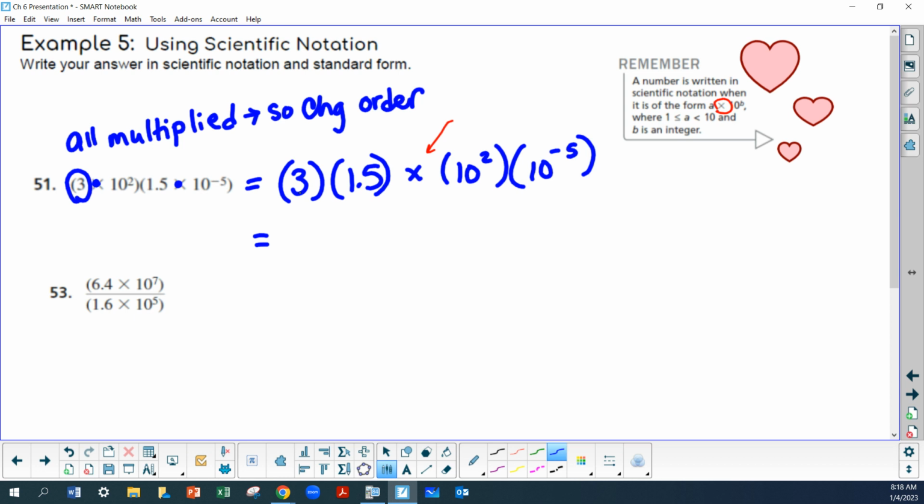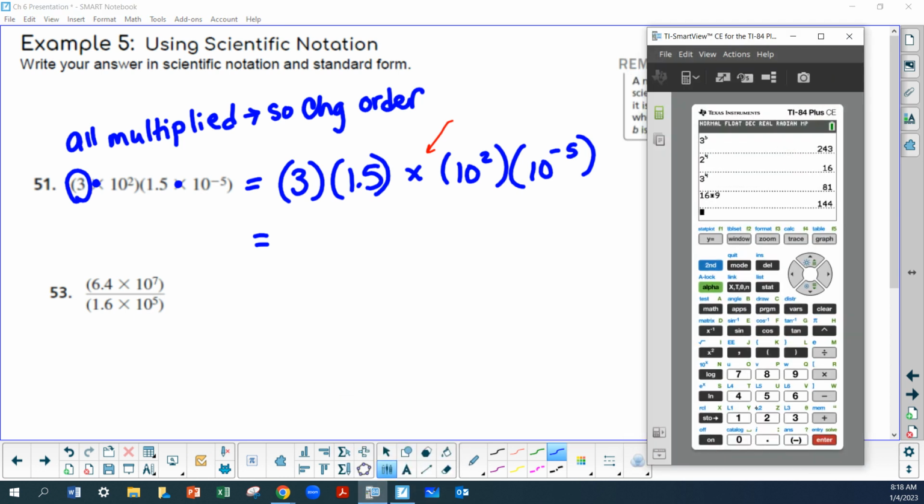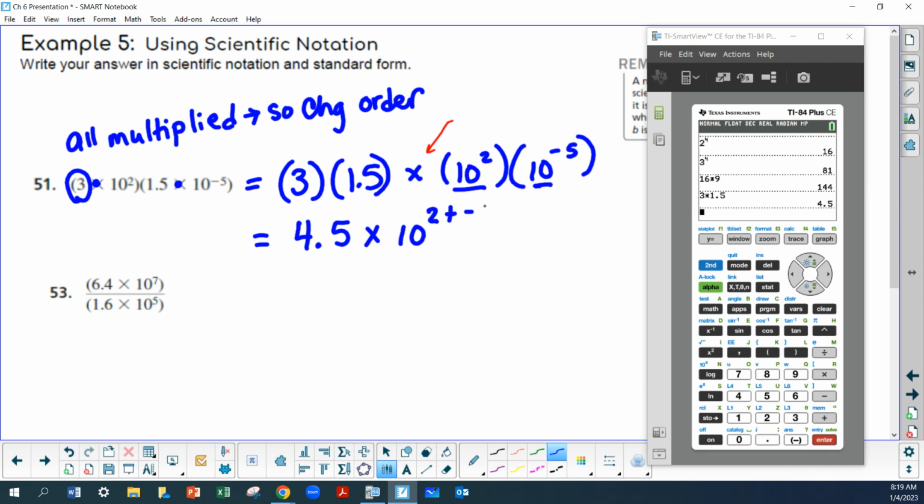All right, 3 times 1.5. Throw that on your calculator if you want, or maybe most of you know it, that it's going to be 4.5 times, now, powers that have bases the same means we can add our powers, and we get 4.5 times 10 to the negative 3.